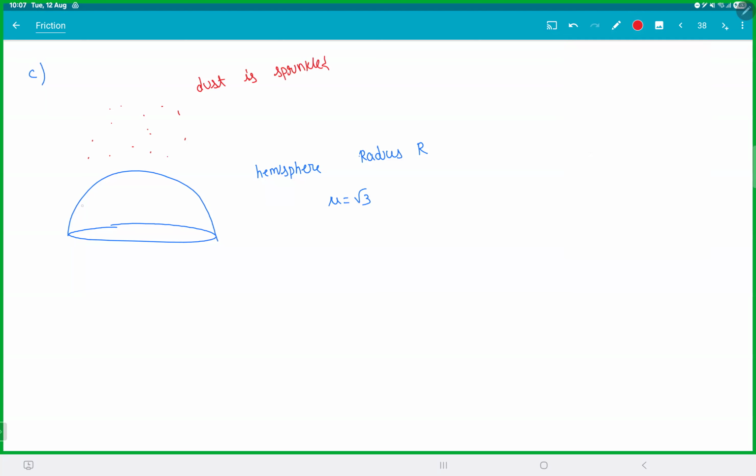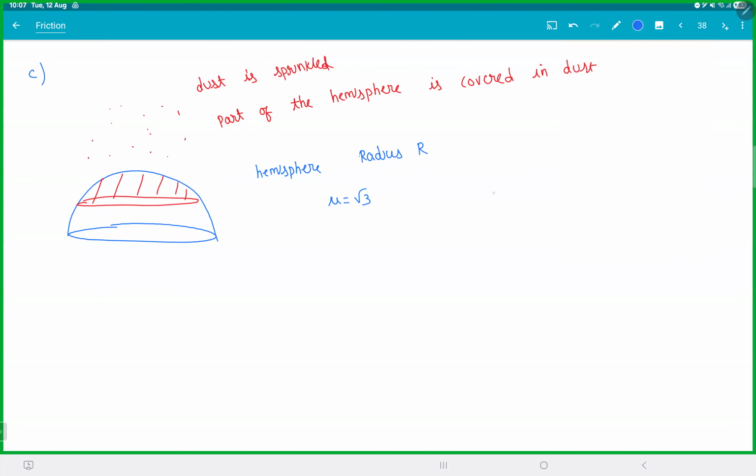Because of this dust, a part of the area got covered in dust. The question is: find the area covered in dust.